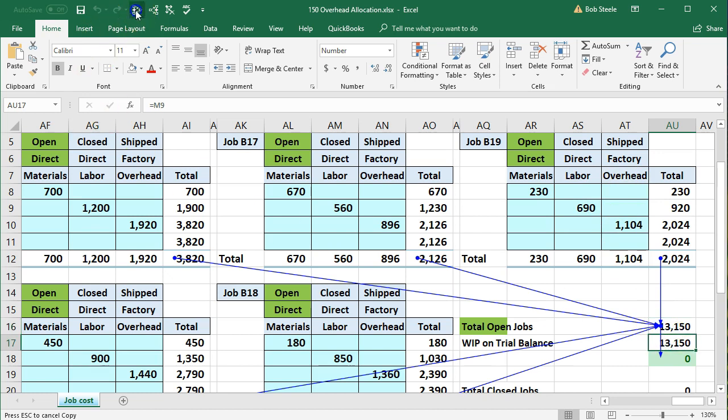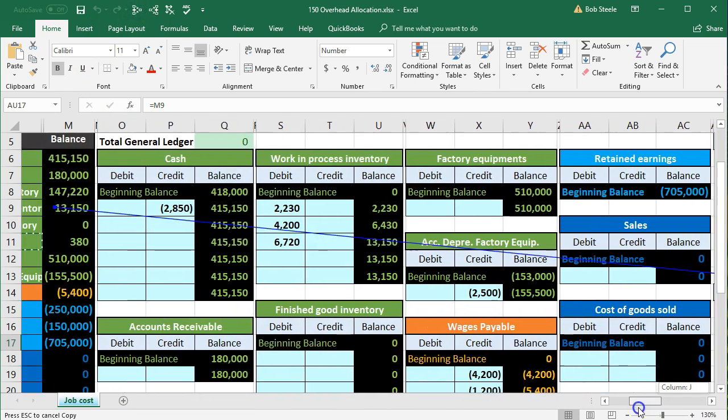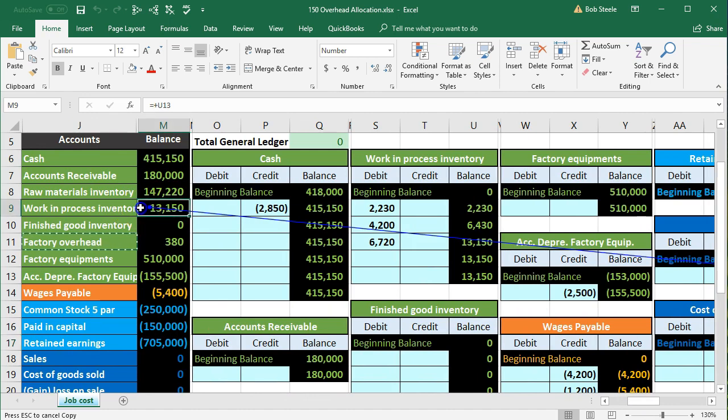That, of course, ties out to what's on the trial balance. So the trial balance number is now supported not only by the GL account, but also by the subsidiary account, in a similar way as the accounts receivable is not only supported by the GL account, but a subsidiary account by customer. The work in process account is not only supported by the GL account, but by a subsidiary account by jobs.